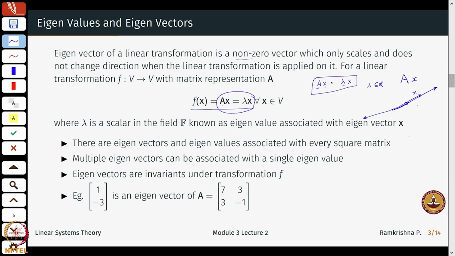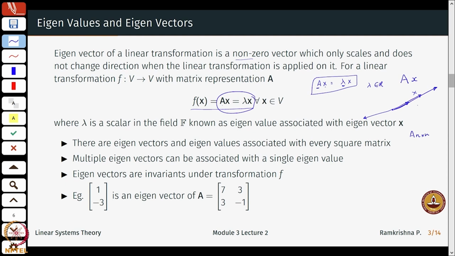And given any square matrix A, n cross n, I can always find things like this, okay. And there could be cases, okay. So, in this expression, this lambda is what is usually known as the eigenvalue, right.